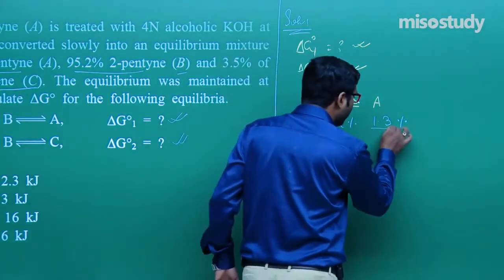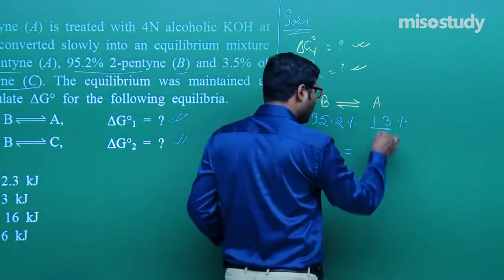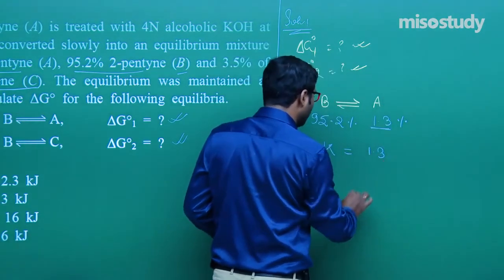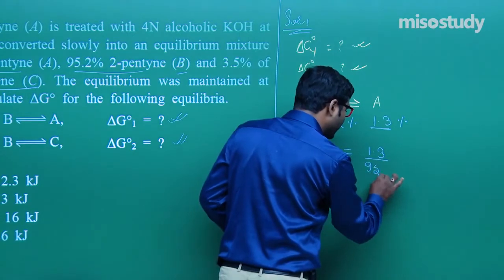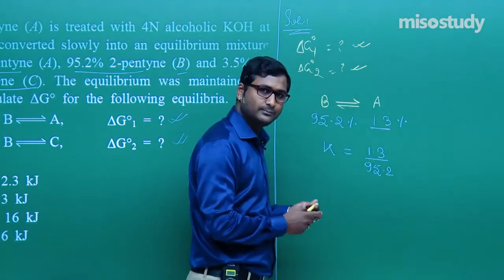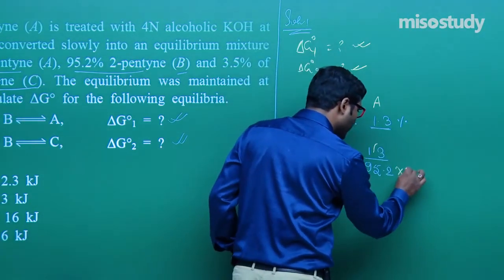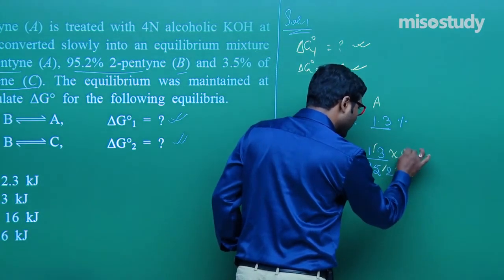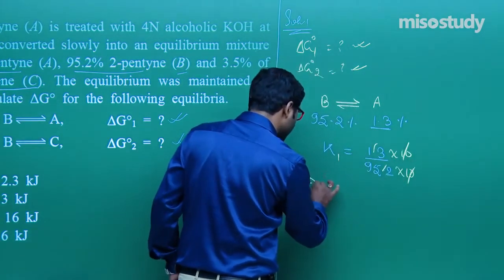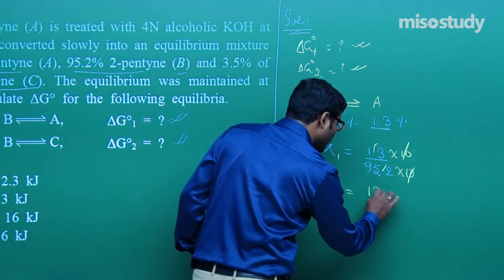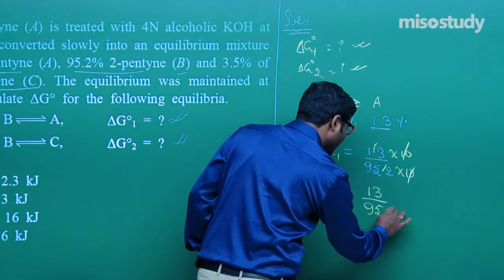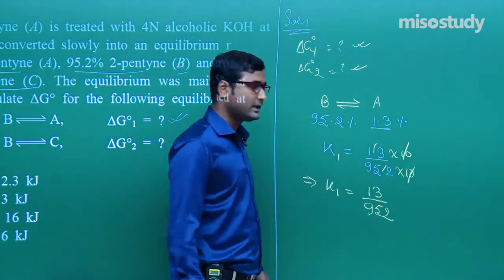Here concentration is in terms of percentage, no issue. For A that is 1.3, for B that is 95.2. Now this will move here and this will move here, it will cancel each other. So in the first case, K1 is equal to 13 upon 952. Clear?